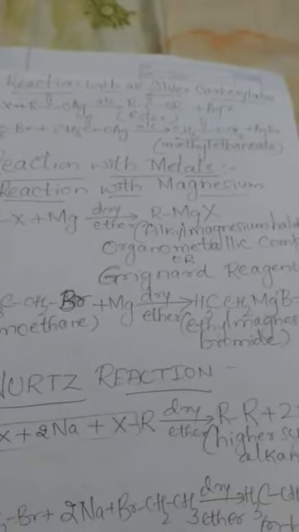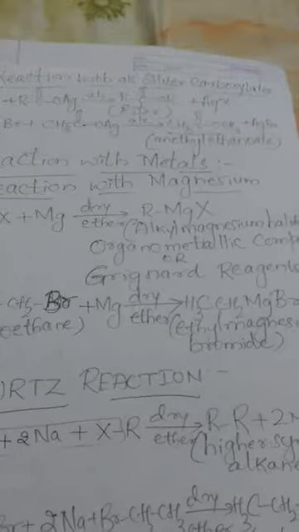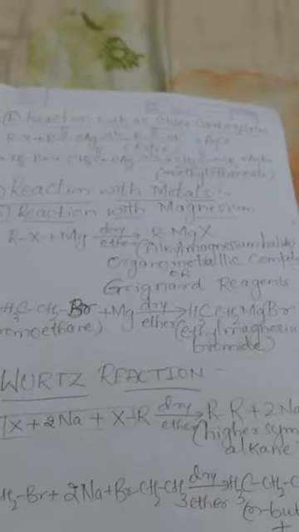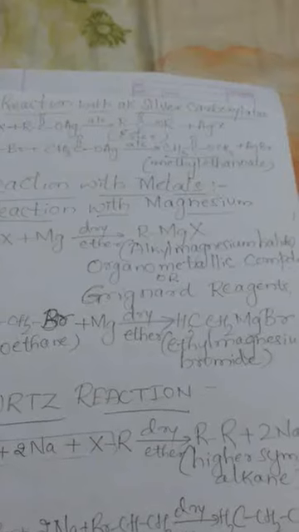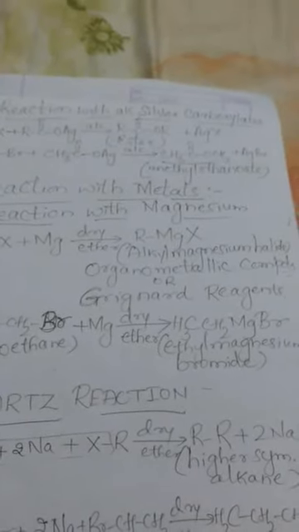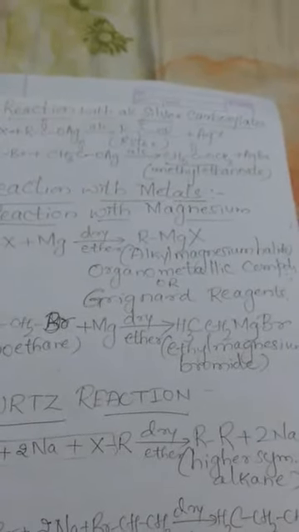Dry ether refers to ether free from moisture. To give the corresponding products having the formula RMgX, alkyl magnesium halides, also called organometallic compounds where magnesium is a metal, or Grignard reagents after the discoverer Victor Grignard.